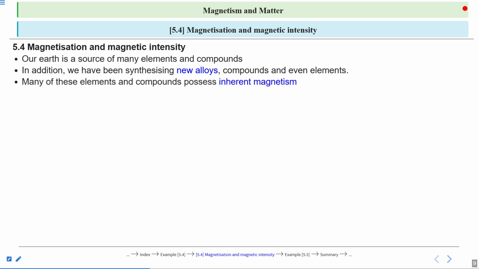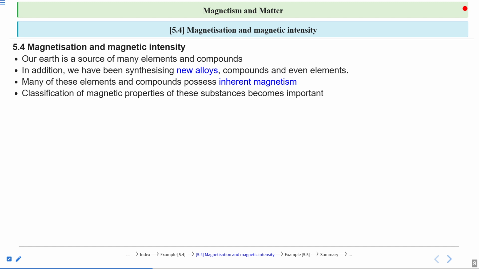Many of these elements and compounds possess inherent magnetism. Some materials like iron, nickel, cobalt, and many others possess inherent magnetism. So classification of the magnetic properties of these substances becomes important.